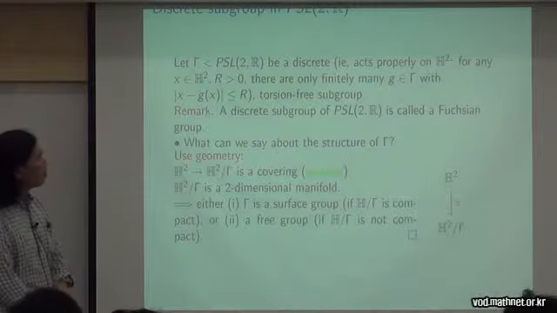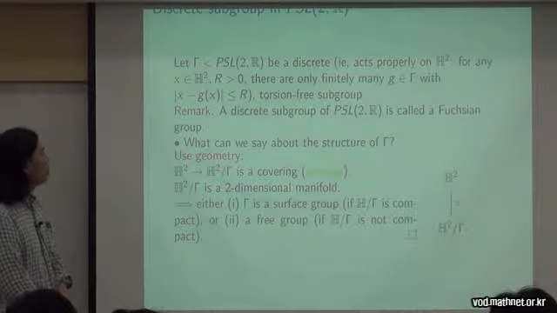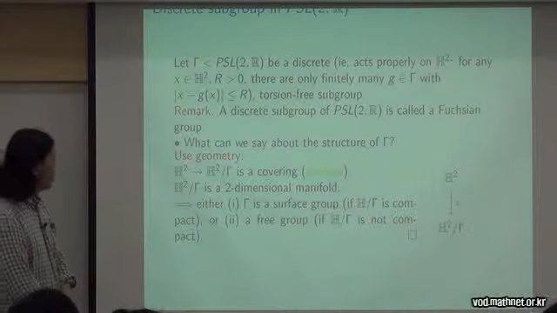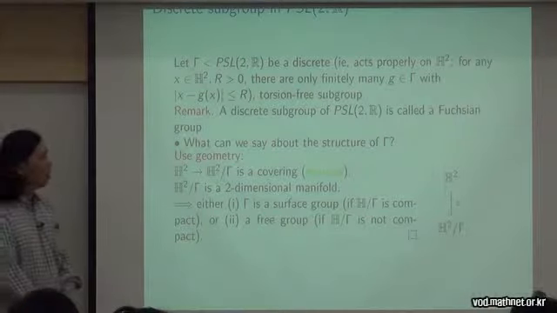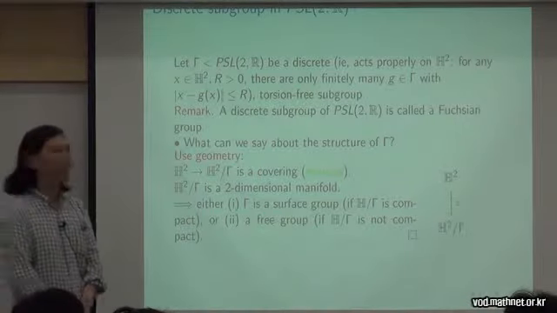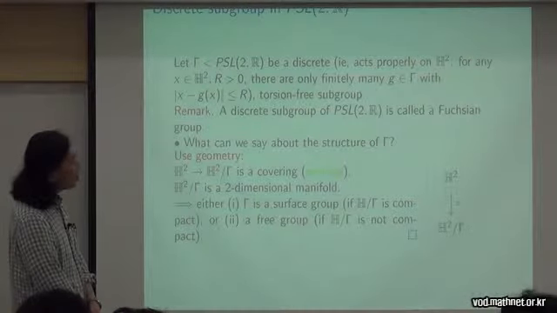By the way, a discrete subgroup of PSL2R is called a Fuchsian group, and it has been studied for many years. So here's a question I'd like to answer. What can you say about gamma? Okay, so use geometry. I look at the quotient.